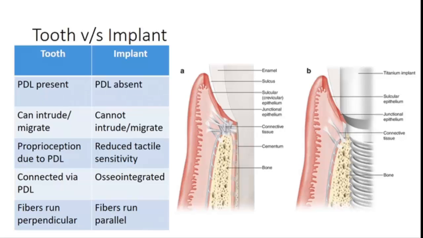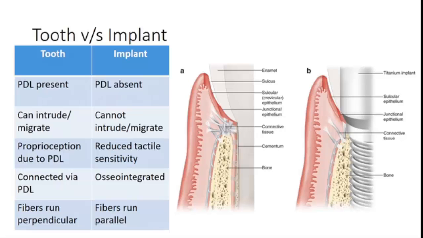The first difference is, in a natural tooth, you have a structure called as periodontal ligament. Whereas in an implant, there is no periodontal ligament because the implant gets osseointegrated with the bone directly. So in a natural way, it is very close to two pieces coming together, like what happens in healing of fracture of the bone.